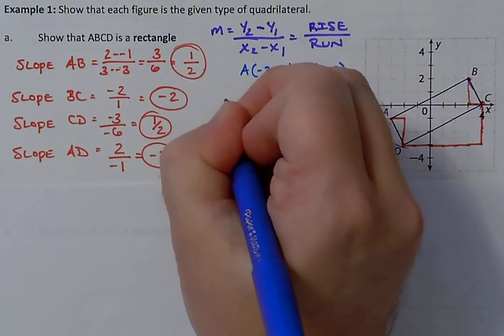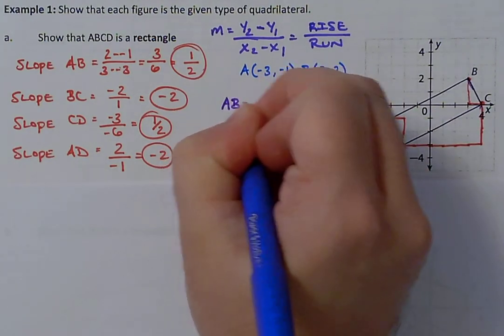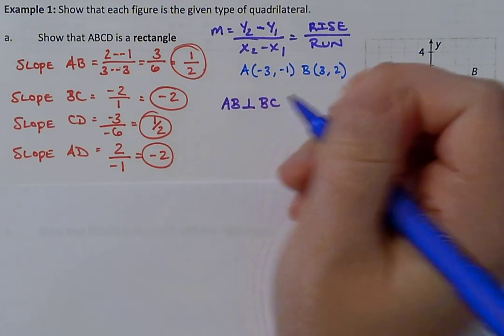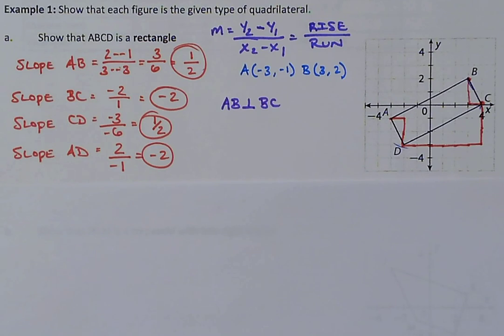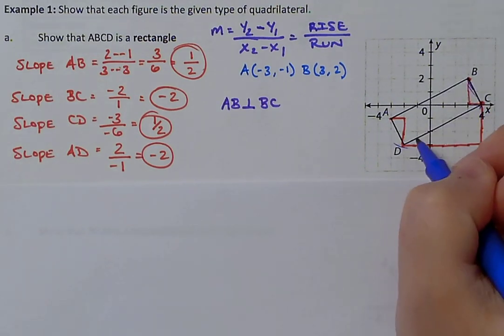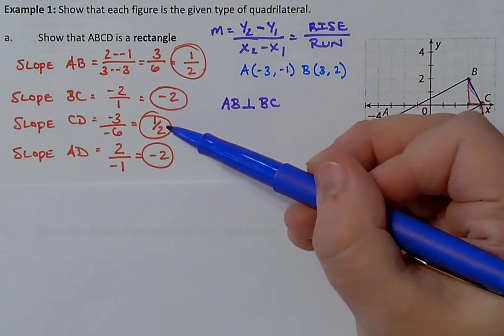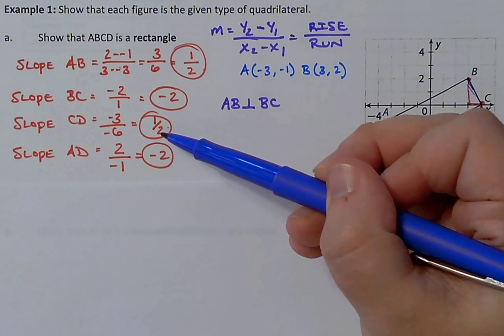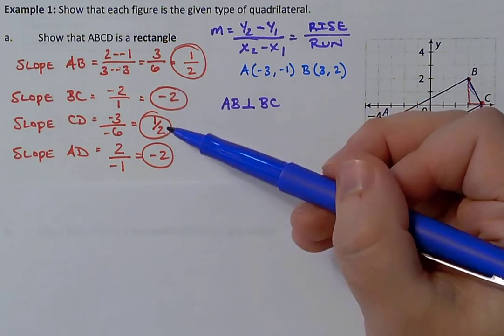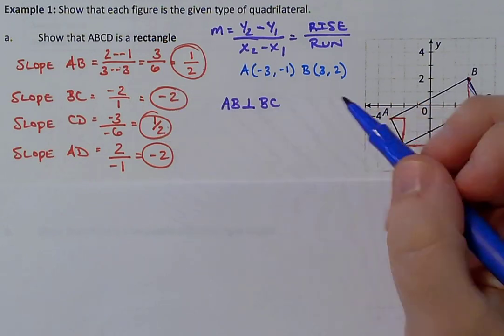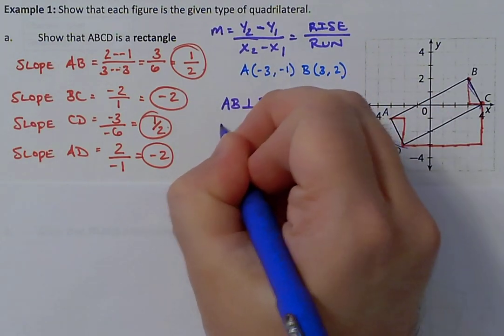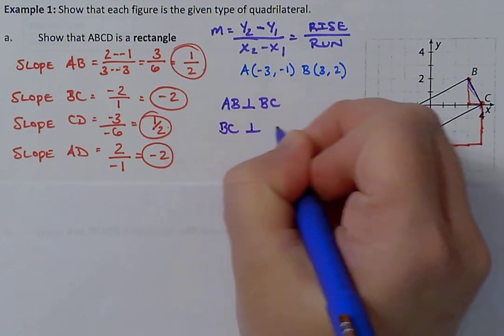So AB is perpendicular to BC. Next, we need to look at BC and CD. So we have -2 and 1/2, and these two are also perpendicular because they're opposite reciprocals. So BC is perpendicular to CD.